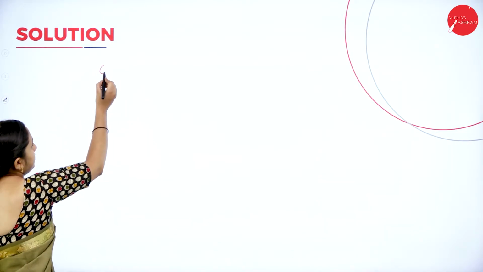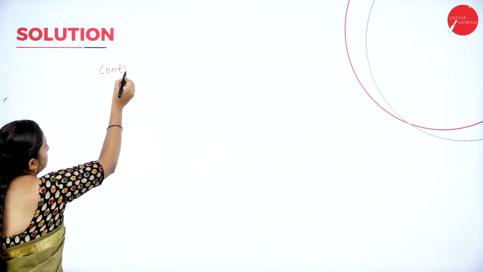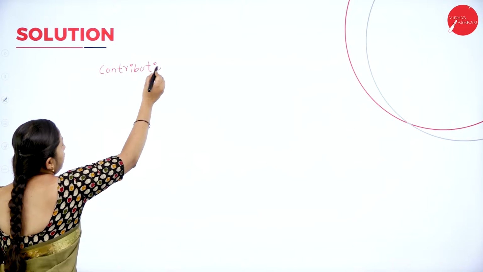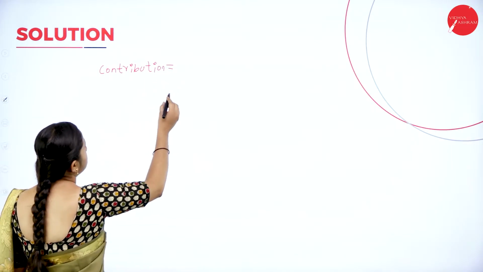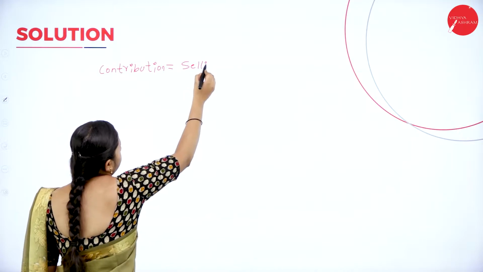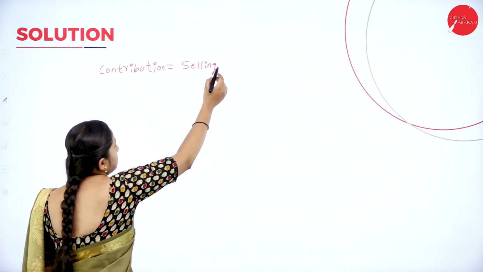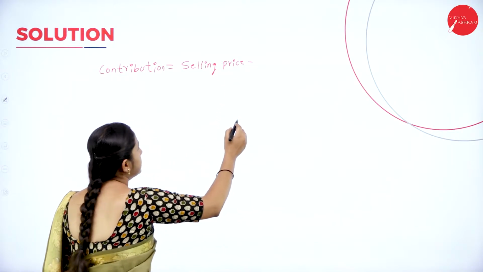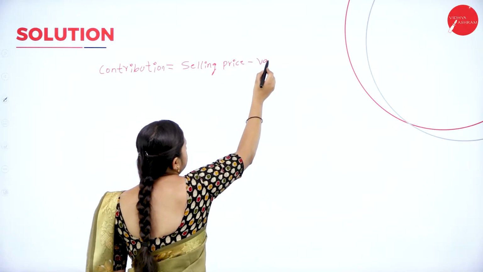First calculate contribution. We know the formula for contribution. Contribution is equal to selling price minus variable cost.